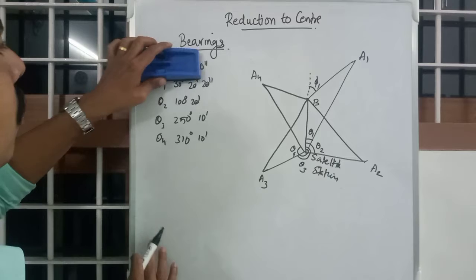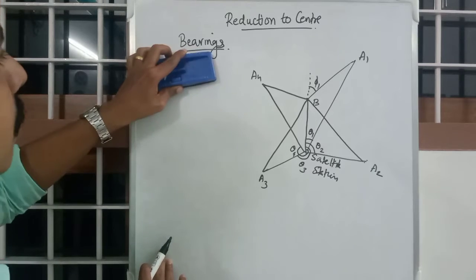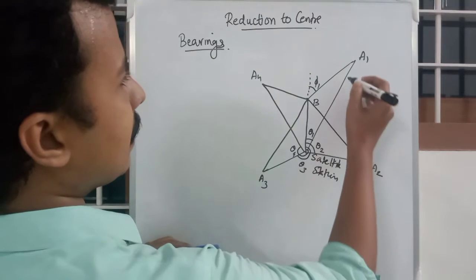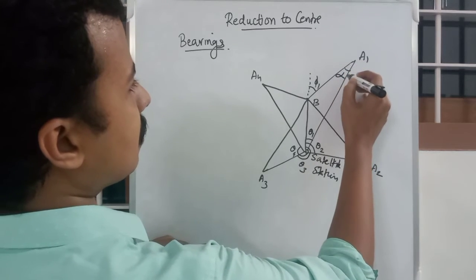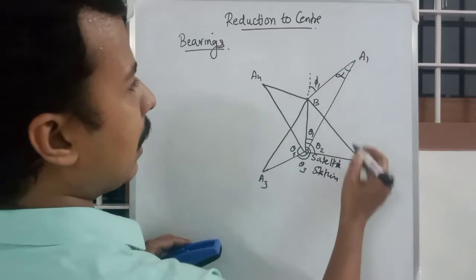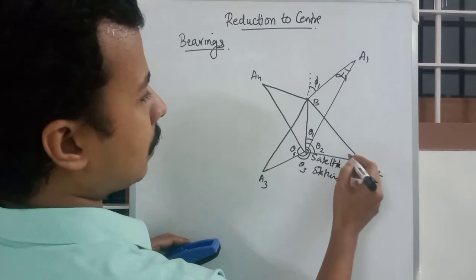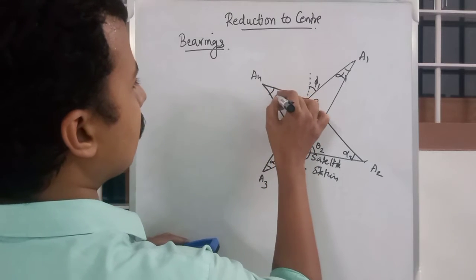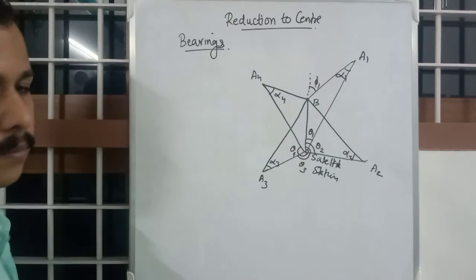Okay, so what we are going to do is, again it's very simple, same methodology but a slight change. Again we will be calculating alphas. There is no beta, there is only alphas: alpha 1, alpha 2, alpha 3 and alpha 4.